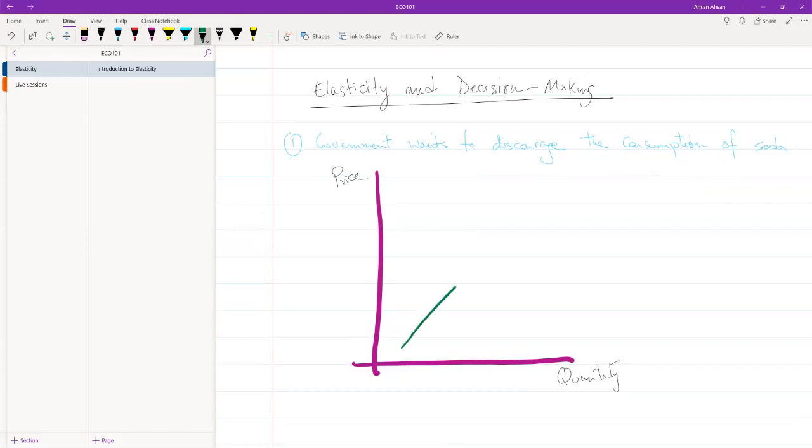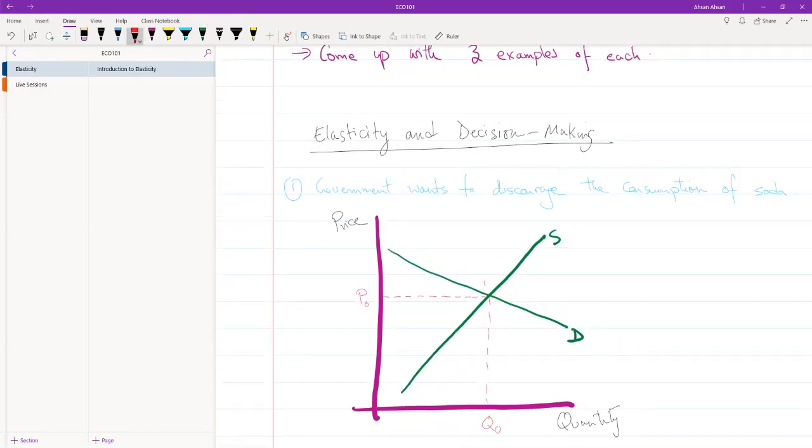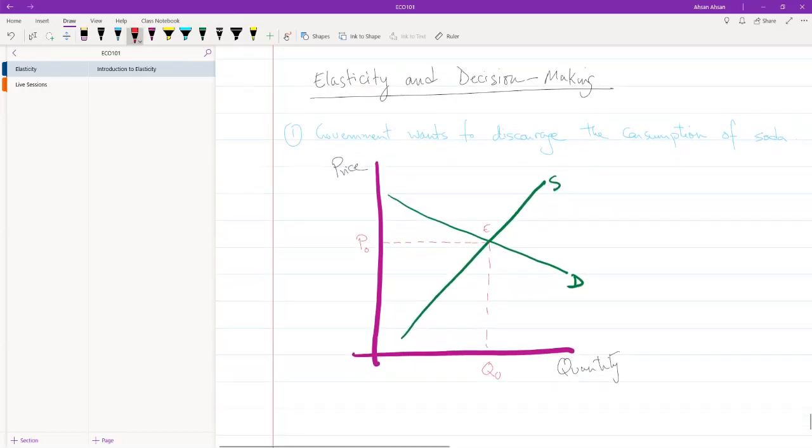Suppose this is the supply curve, and suppose this is the demand curve that the government thinks the economy has. Well, not assume, they know that the price level is P naught and the quantity traded is Q naught. This is E, which is equilibrium.